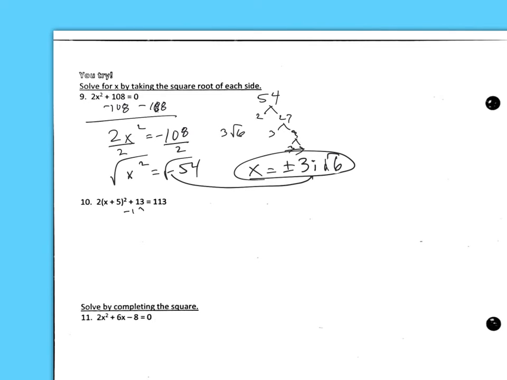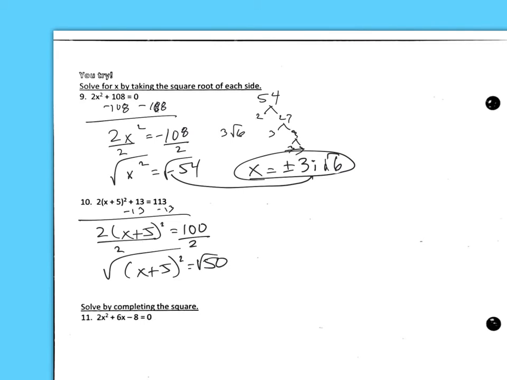This one, we're going to subtract the 13. Then divide by 2. Now we're going to take the square root. We break down 50.